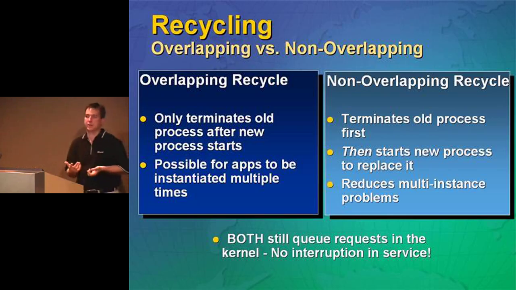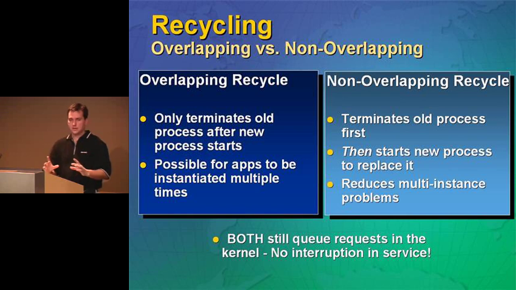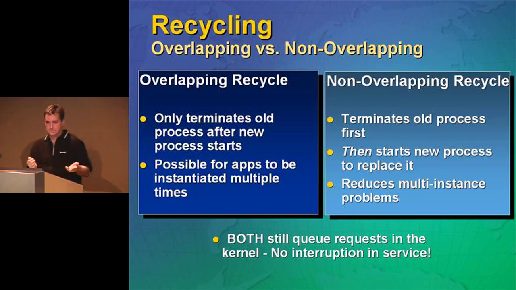Now the benefit of the overlap recycle is that you don't drop any requests. So the existing worker process has time to finish sending its responses, and the new requests start going to the new worker process. I'll mention here that there's a possibility when doing an overlap recycle that there can be two instances of your application running for a brief period of time.